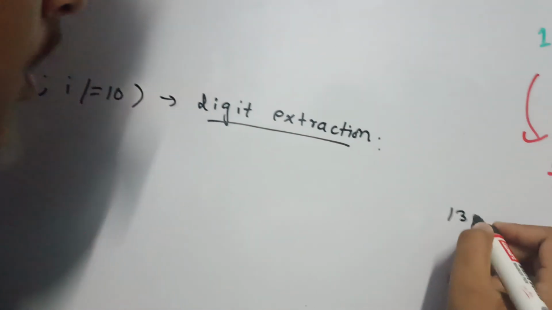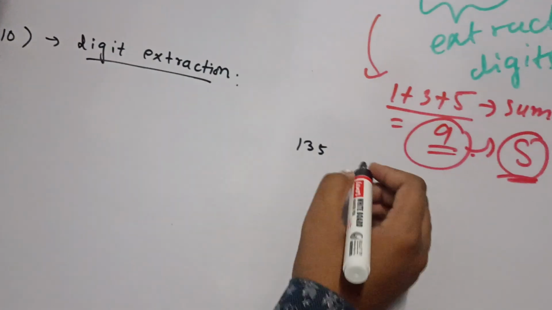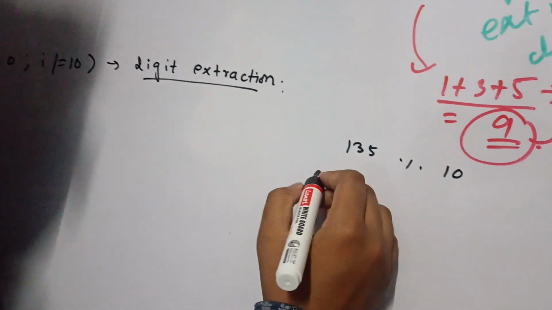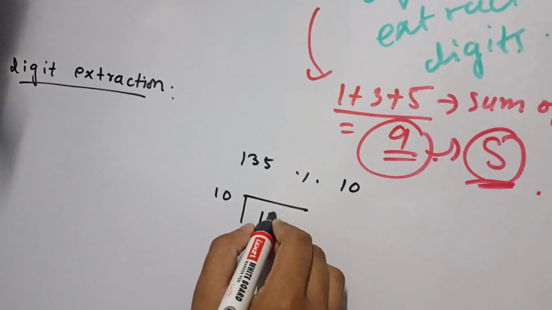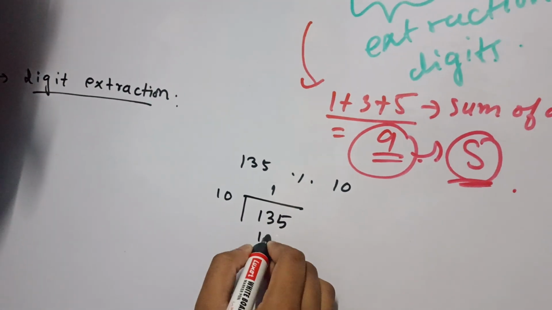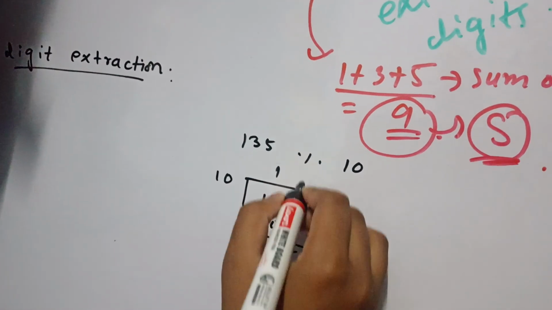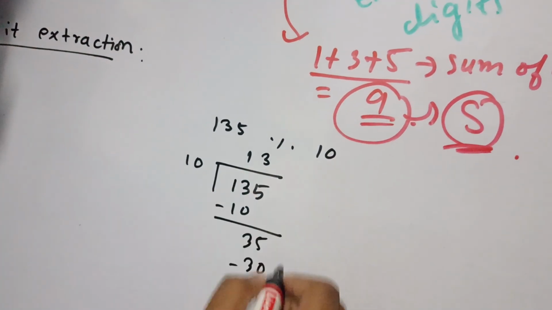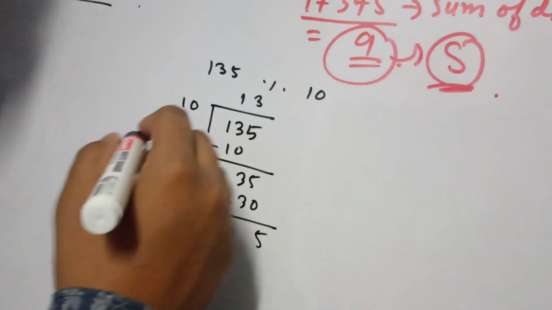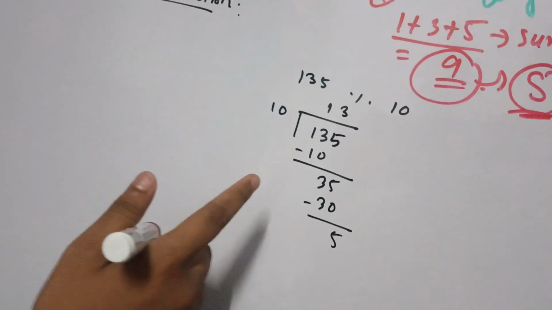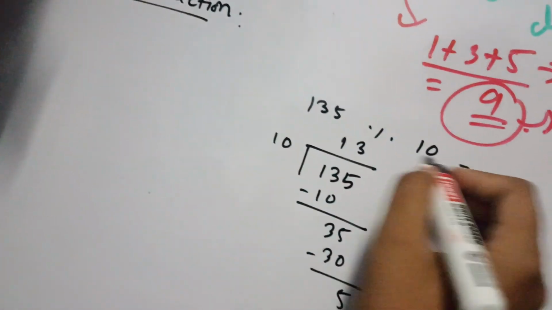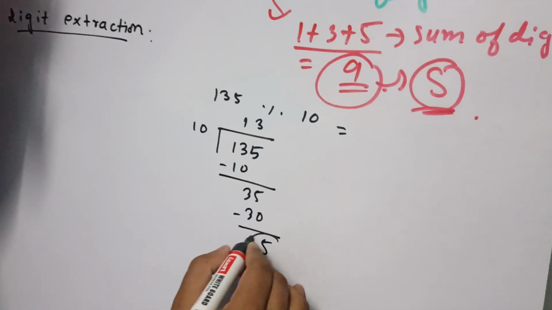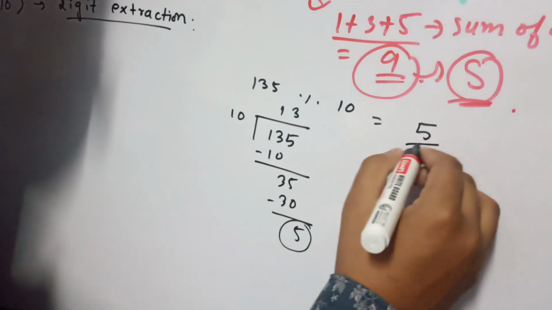So when we perform 135 mod 10, what are we getting? Once we perform the mod division of 135 by 10, we get the remainder, which is 5.